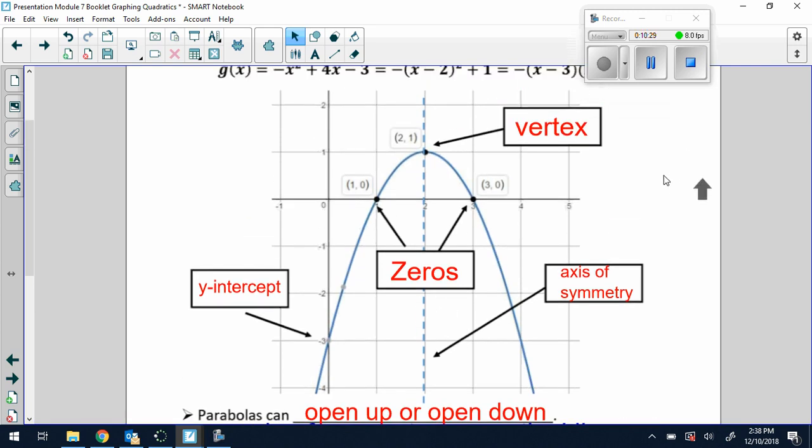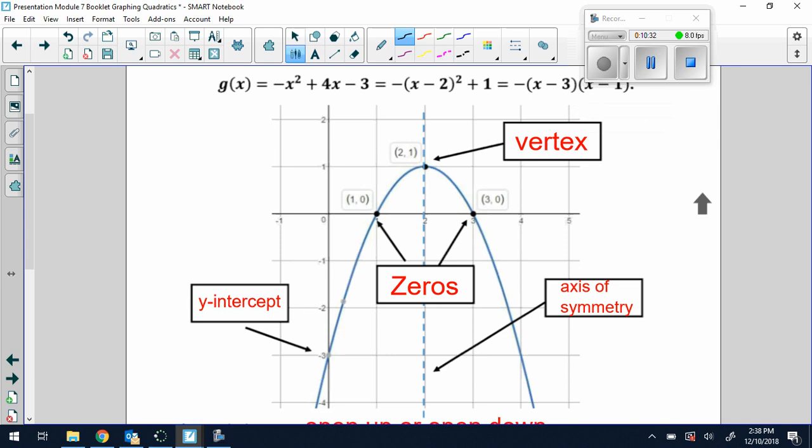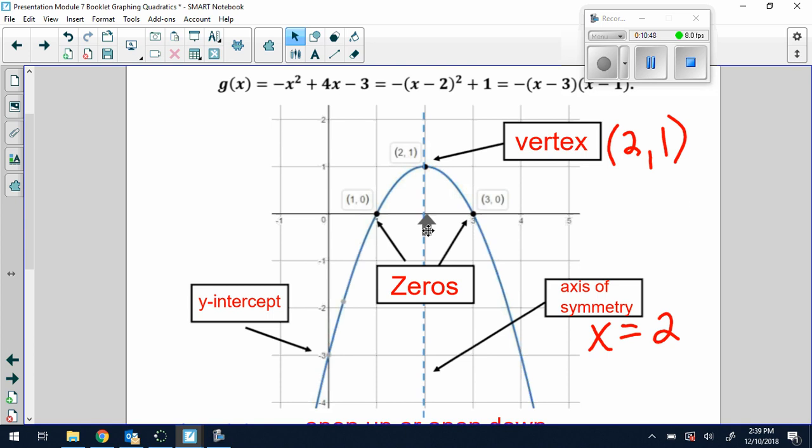Now on this particular example, our vertex right there is the point 2, 1. Our axis of symmetry, it's the vertical line that goes through the vertex. It's always going to be x equals, and in this case, x equals 2. I know x equals 2 because look at where I'm crossing on the x-axis at 2. It's also the x coordinate of my vertex.